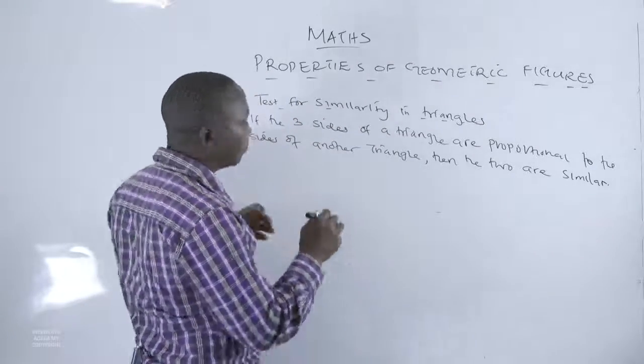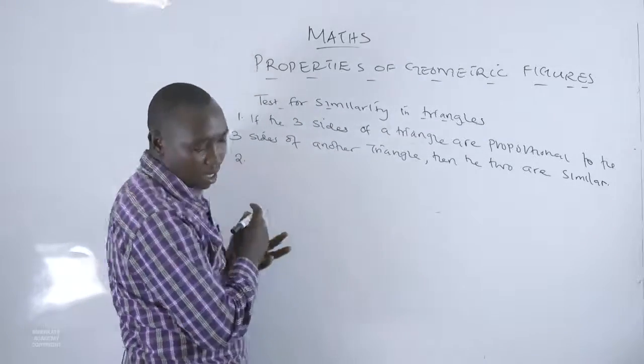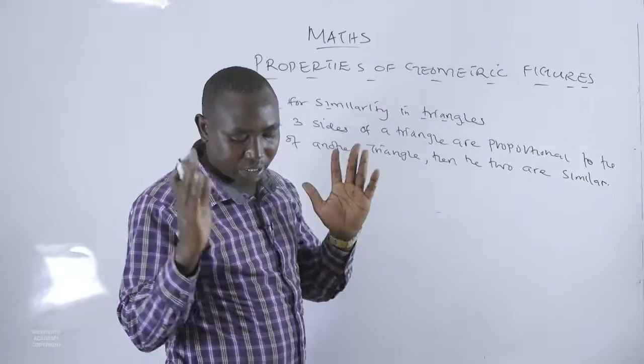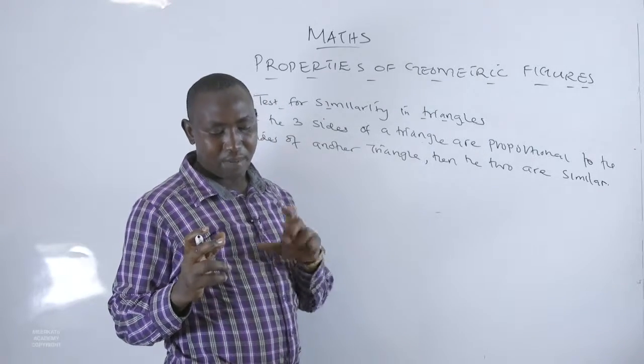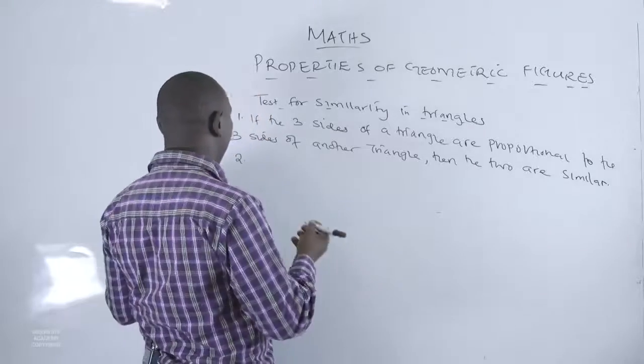Test 2 is now on a side, and two sides of a triangle.